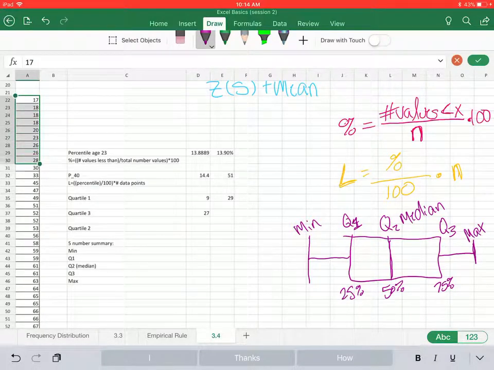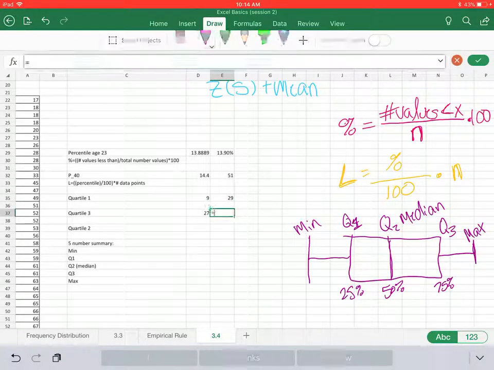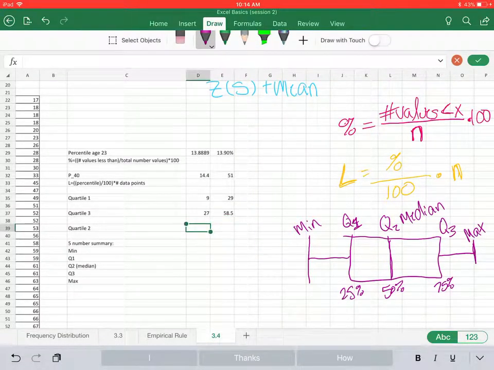So 2, 3, 4, 5, 6, 7, 8, 9, 10, 11, 12, 13, 14, 15, 16, 17, 18, 19, 20. So we have 58 and 59. So we'll take the average of 58 and 59, which is 58.5, so that would be our answer.